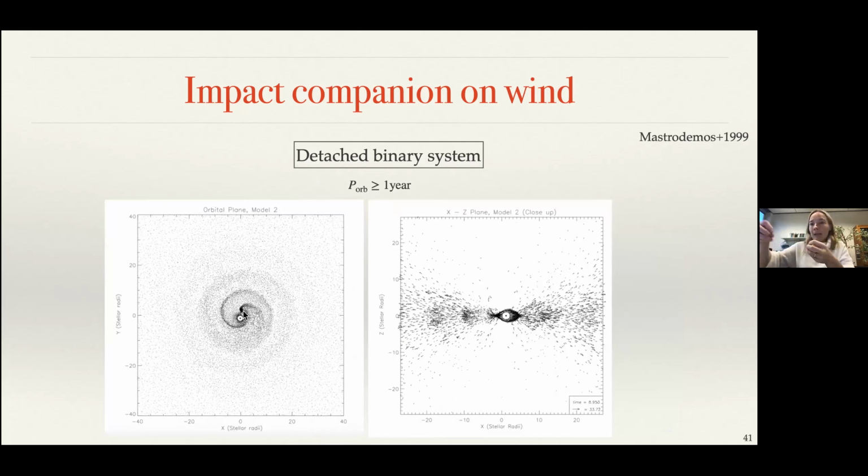I will show a better simulation later, but the companion is attracting part of the material of the AGB star, of its winds, and almost takes it behind while it is going around the AGB star. This second kind of spiral you see here, and its height above the orbital plane is much lower. You can also see that you get some kind of equatorial density enhancement. This was the year 1999.